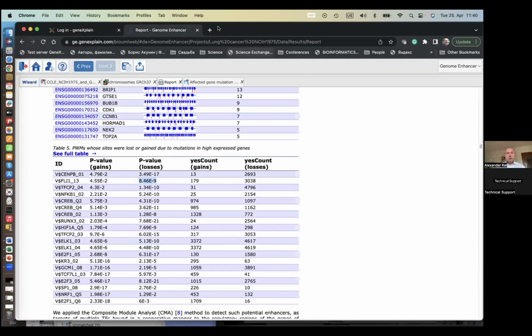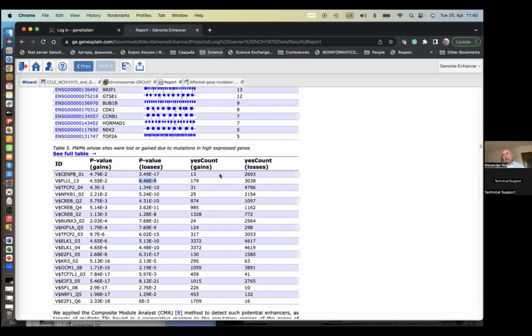But let me check, what is your question? Can we predict the effect of these gene mutations on drug binding to targets? Right, that's a very interesting question. Well, in this particular example, no, we're actually talking about how mutations are changing transcription factor binding sites, right? But what you are talking about is the drug binding to a target.